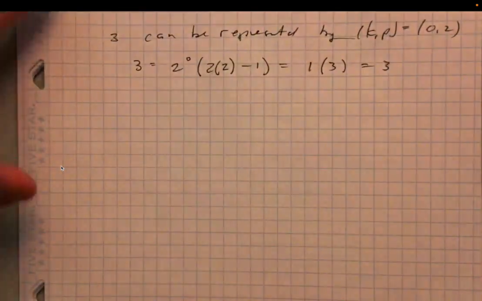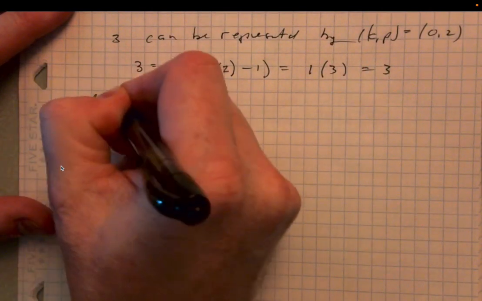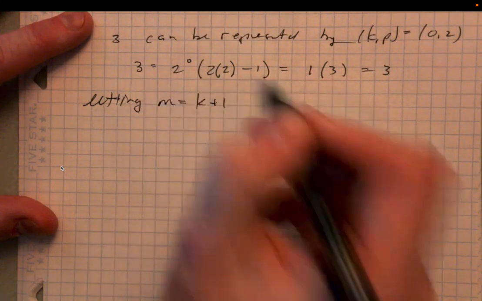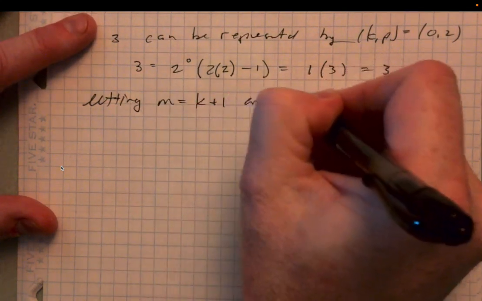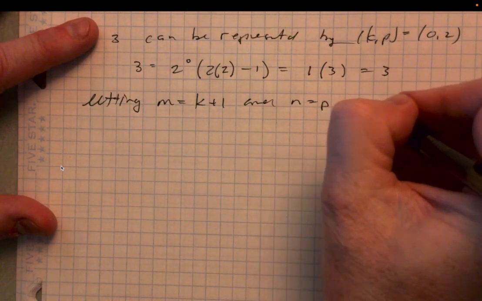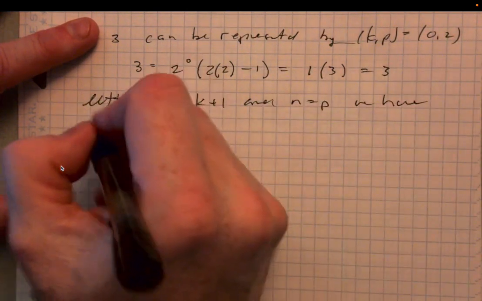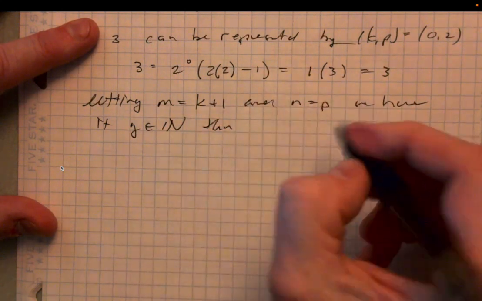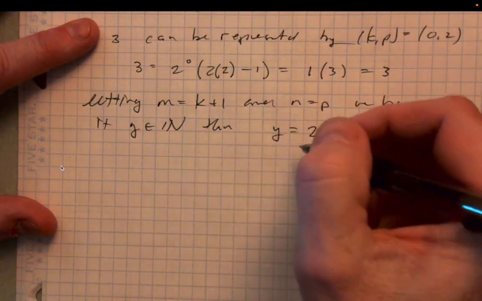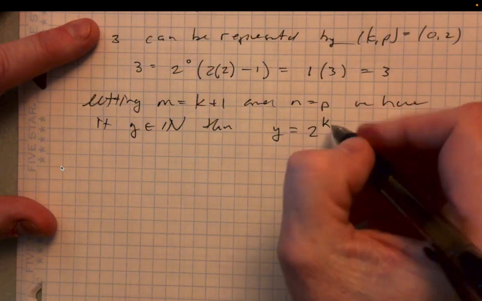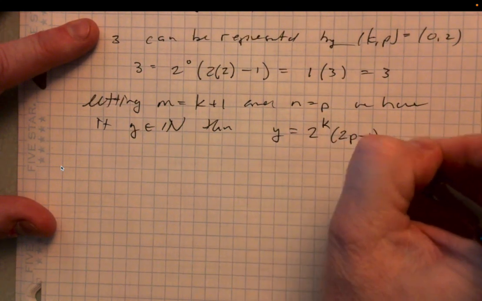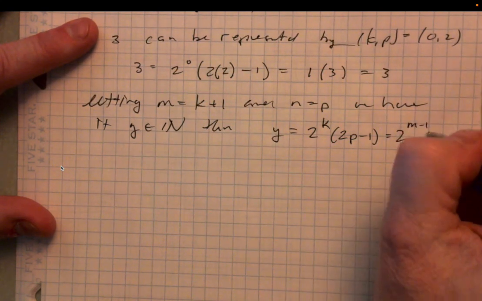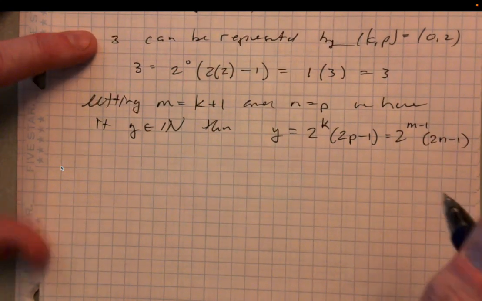And so it's just as simple then as saying, letting m equal k plus 1 and n equals p, if y is a natural number, then y equals 2 to the k power times 2p minus 1, which is equal to 2 to the m minus 1 power times 2 to the n minus 1.